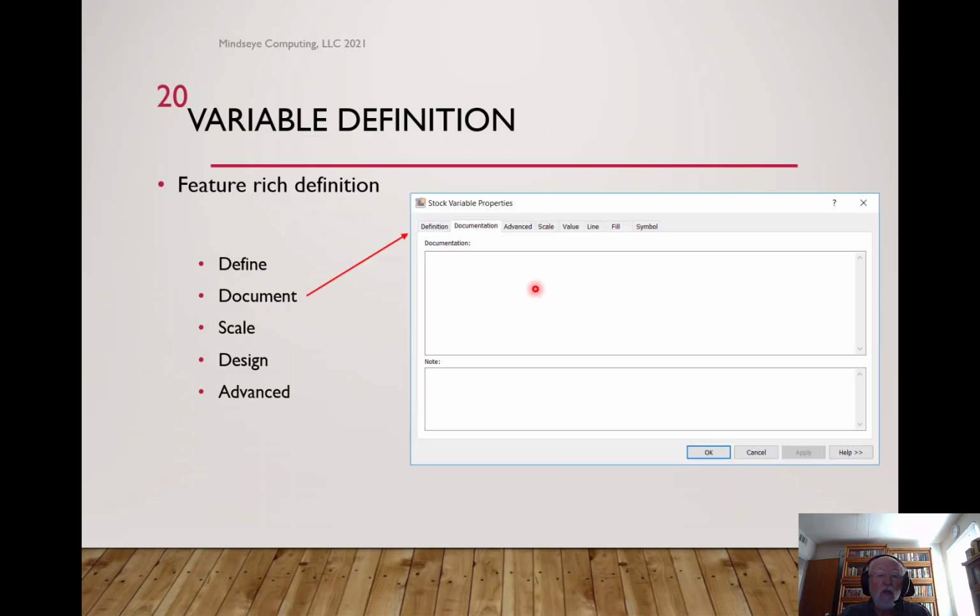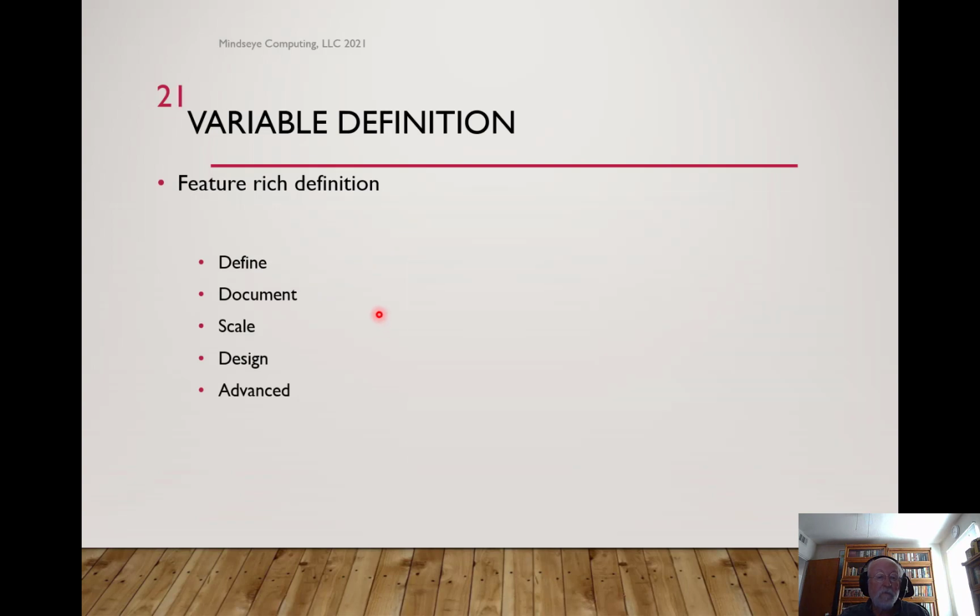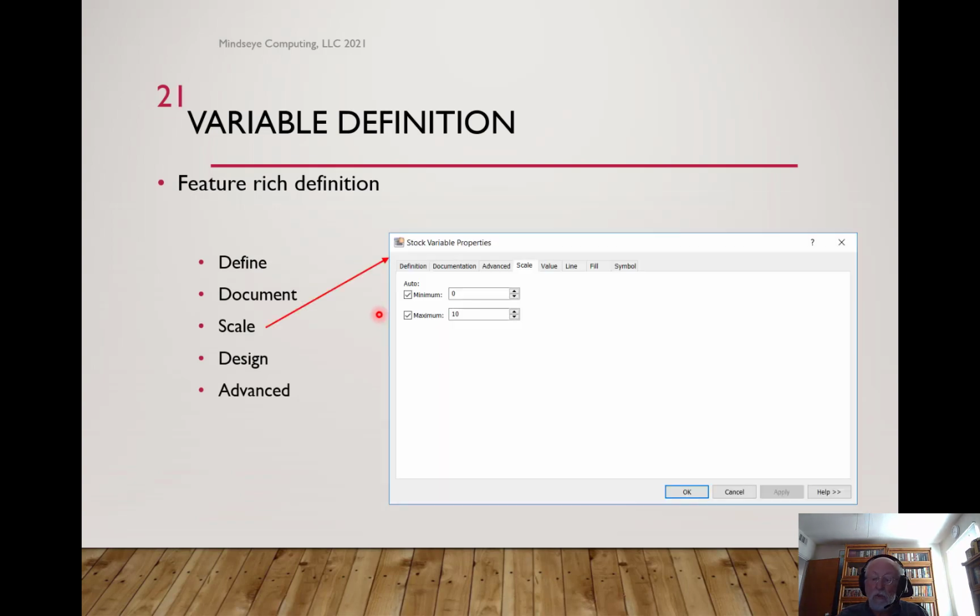You have documentation features. You'd like to say where you got the data from, what's the name of the website, what's the textbook, etc. It's also got another documentation field for notes. It's got this interesting feature called scale, where you can limit the range of a variable, particularly useful for constants, not so much for stocks.